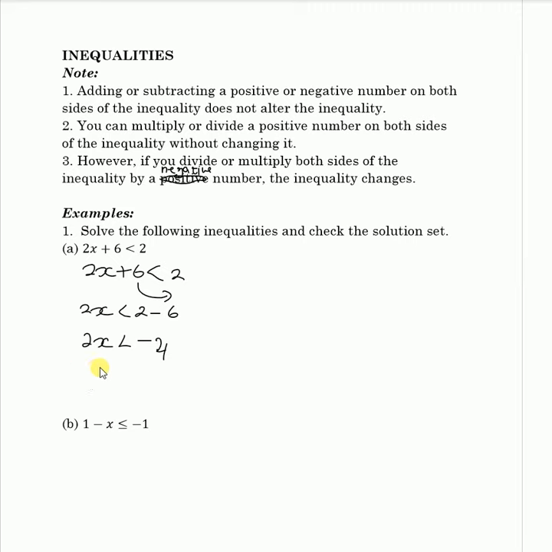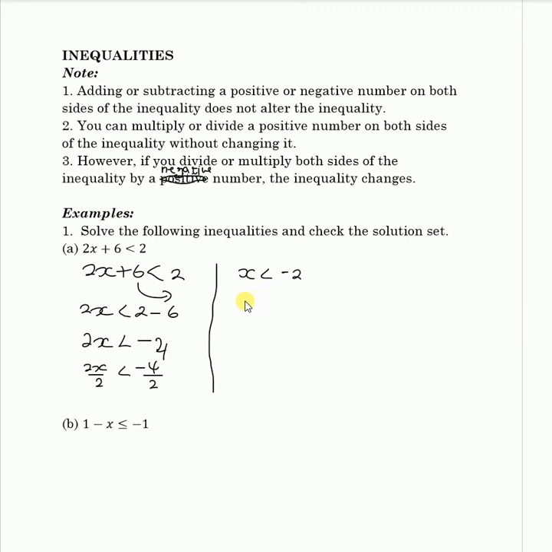Then we shall divide through by 2. So this is 2x over 2 less than negative 4 over 2. This is not dividing by a negative, we are just dividing by 2. So we have that x is less than negative 2.